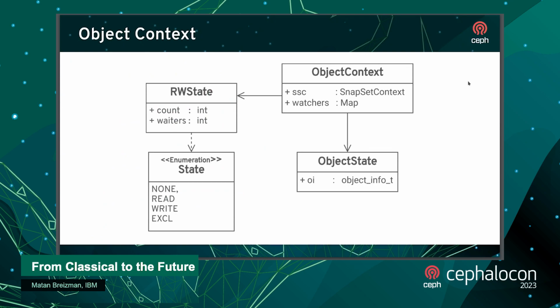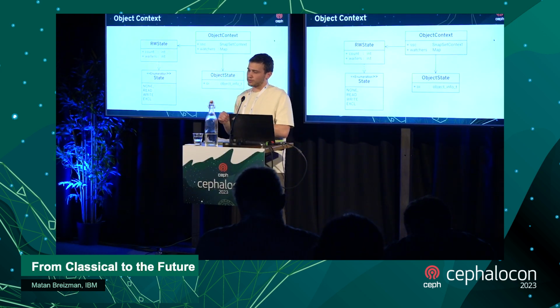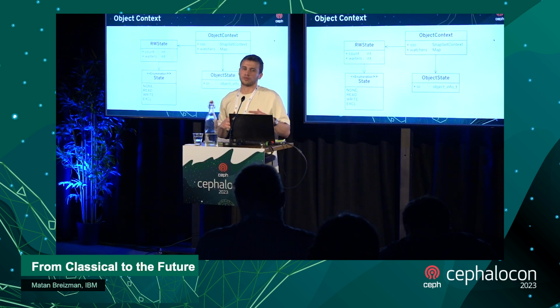So what is the object context? The object context is a cached data structure that helps us keep track of data modifications that are in flight, meaning it helps us have a projected metadata after all operations are complete, without actually needing to wait for them.